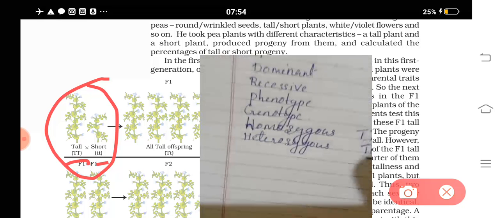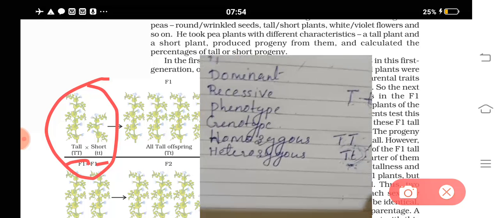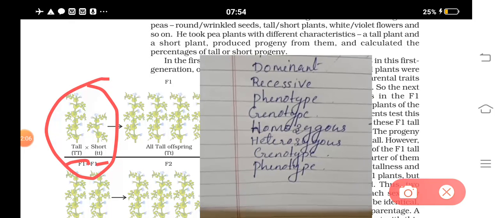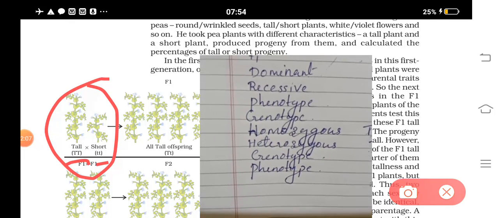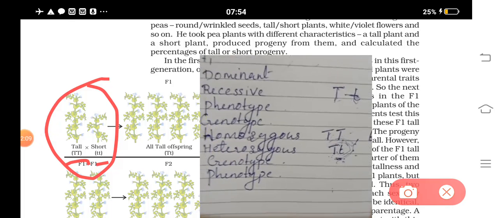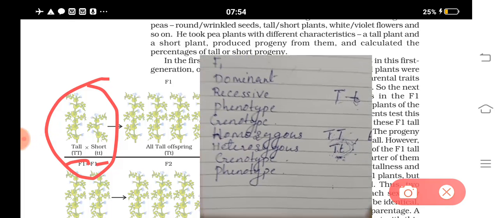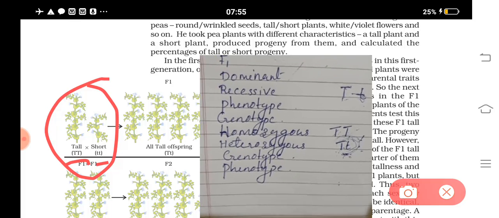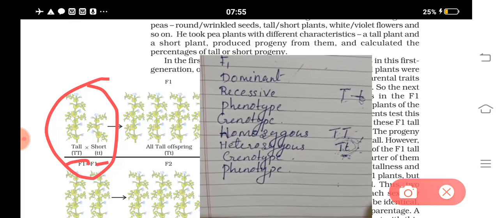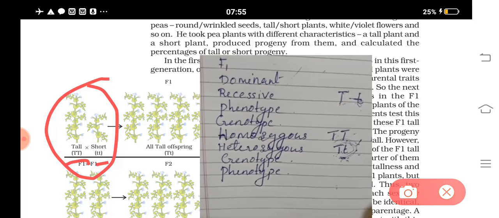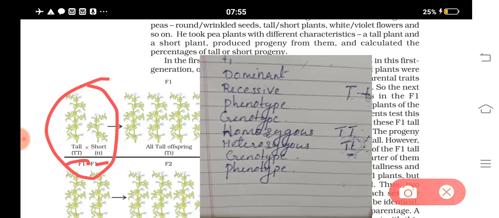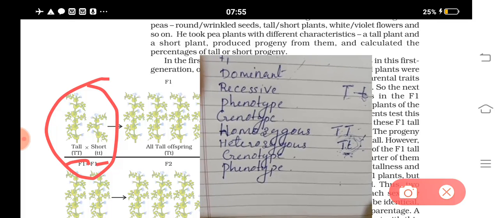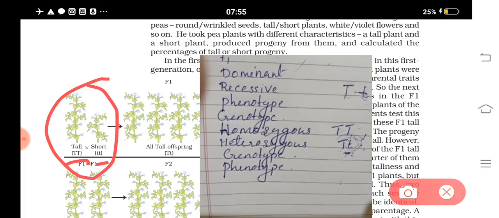Now I will explain one more thing, that is genotype and phenotype. Genotype means genetic constitution. The genetic makeup of the organism is called the genotype. And phenotype means the physical appearance, how they appear, the external appearance.